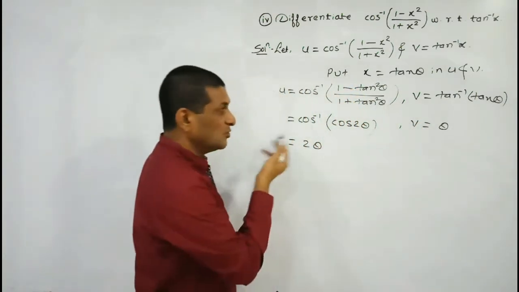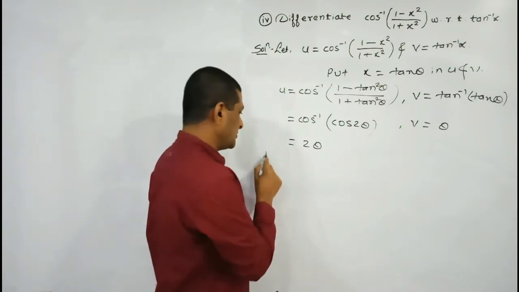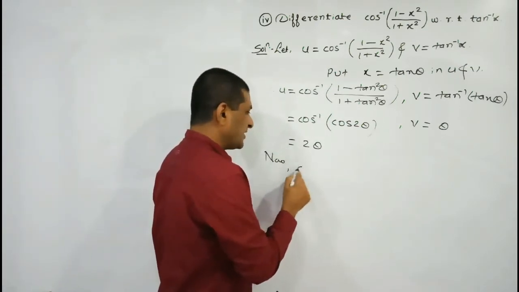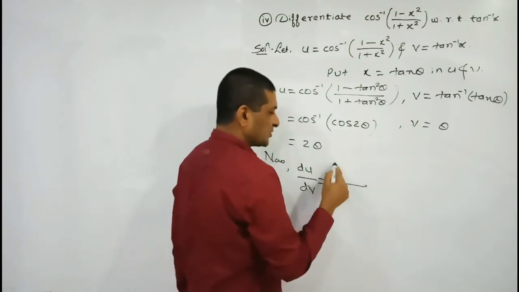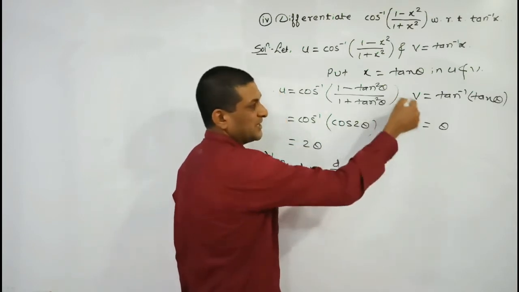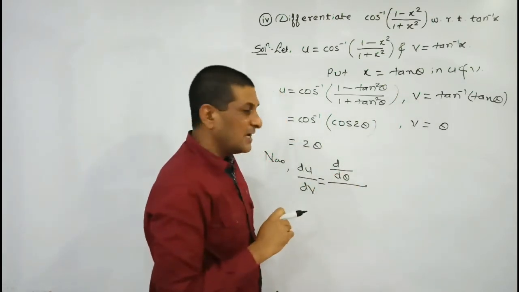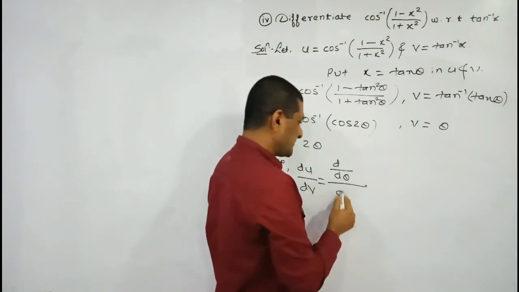So the value of u in terms of theta is known to us, and v in terms of theta is also known. Now we find our required value, du upon dv, which is d upon d theta, because u and v are both in terms of theta. So we differentiate u and v both with respect to theta.